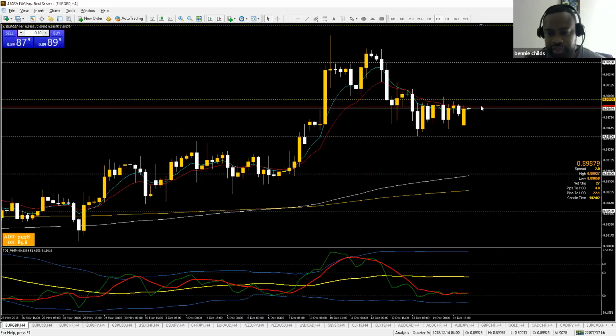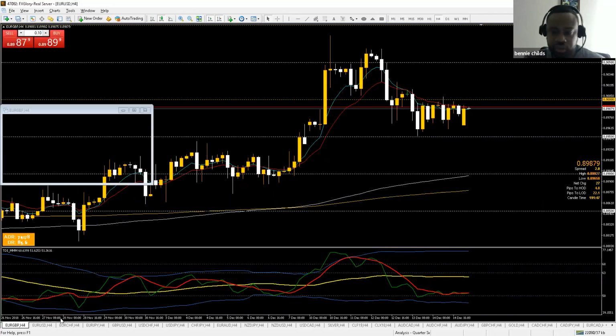We're in consolidation here, and so we really don't have a signal. I don't see any doji candles. I don't see any engulfing candles. I don't see a reason to jump in the trade right now on this pair. So we go to the next one.